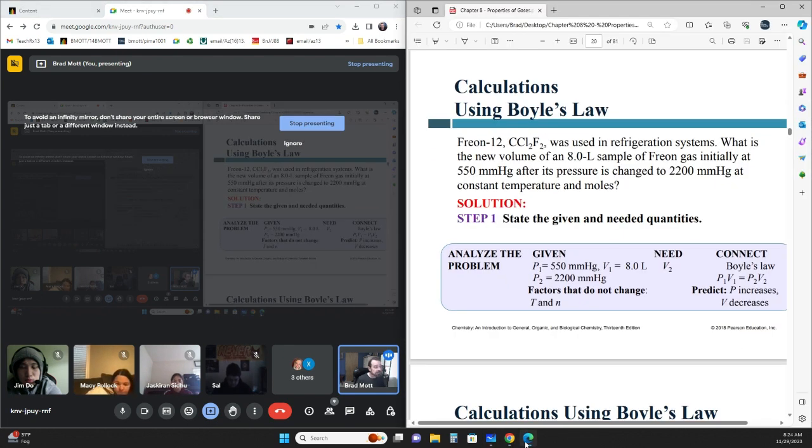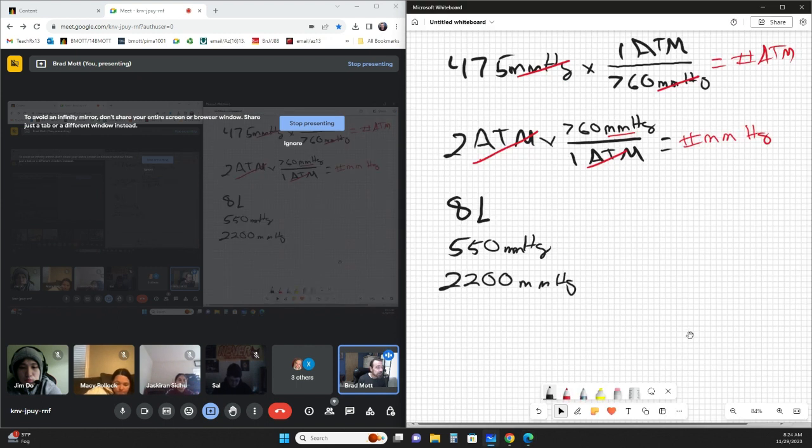Constant temperature. So using Boyle's law, we can determine what's going on. Let's insert our variables. We have volume 1, pressure 1, and pressure 2. Pressure 1, volume 1 is equal to pressure 2, volume 2.